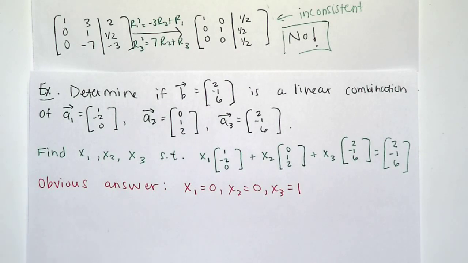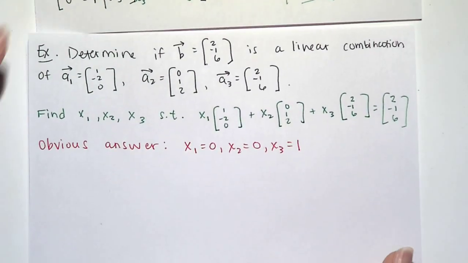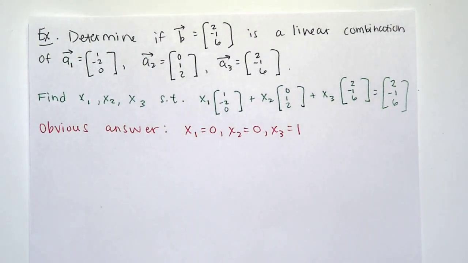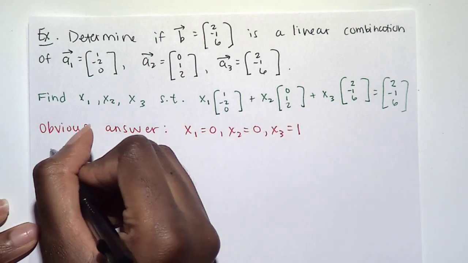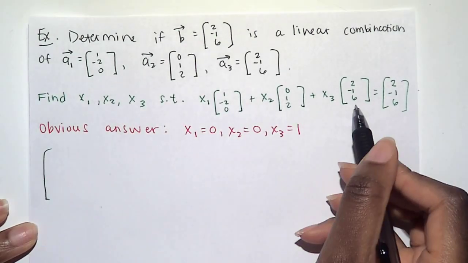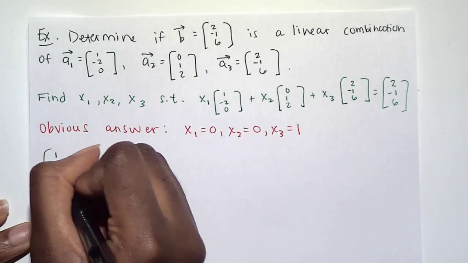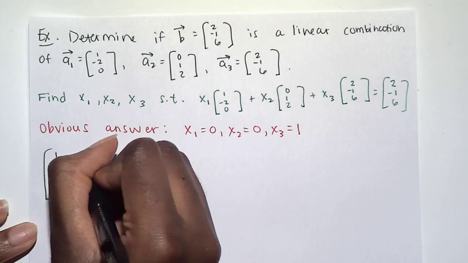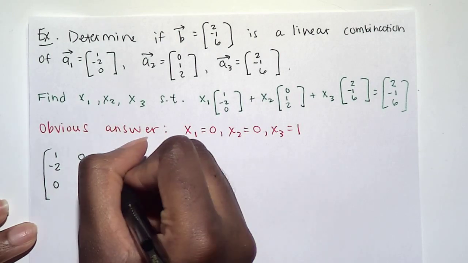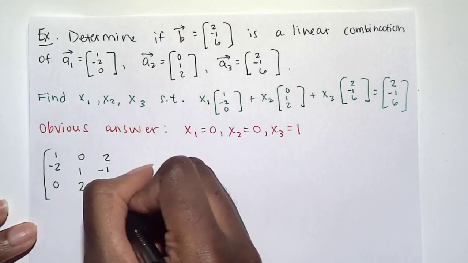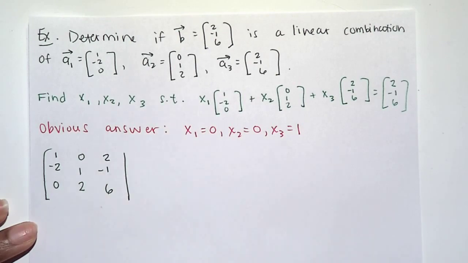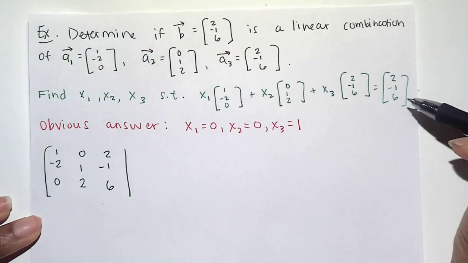All right, what if we wanted to find all answers? You guessed it, augmented matrix. Okay, so I'm going to set up an augmented matrix with these three vectors and set it equal to our b here.